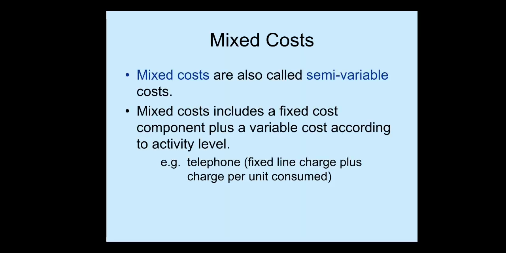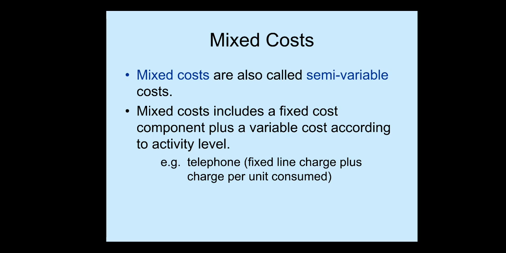Okay, there are several costs that can be categorized as mixed cost. A mixed cost is an item that has both the characteristics of fixed cost and variable cost. The simple example is the telephone line that we have at home.